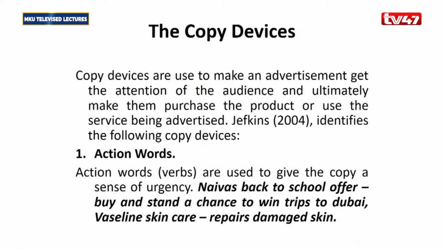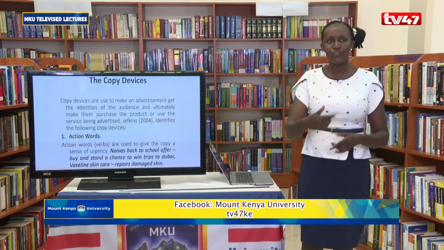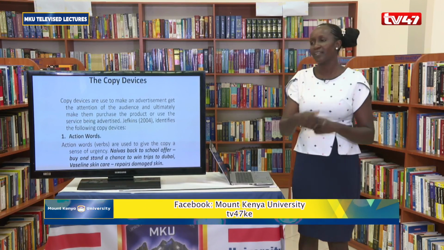And then there's a chance to win something. So anybody can win, I know that. But as long as I've made the action of buying, I am a possible winner or a potential winner of something. So you get to use action words because they help to make it seem possible for the consumer of a certain product. Use Vaseline, it will repair damaged skin.